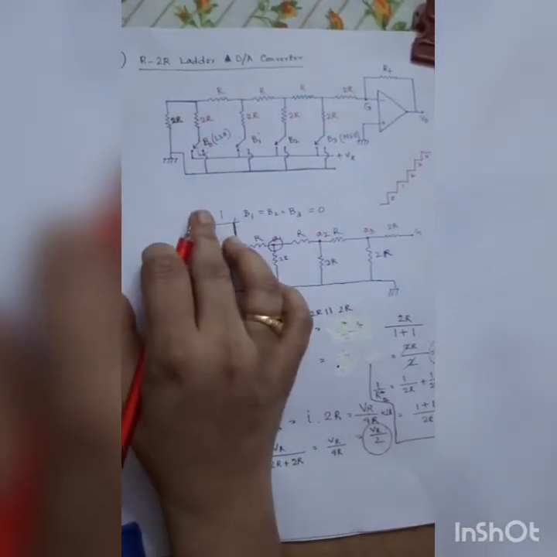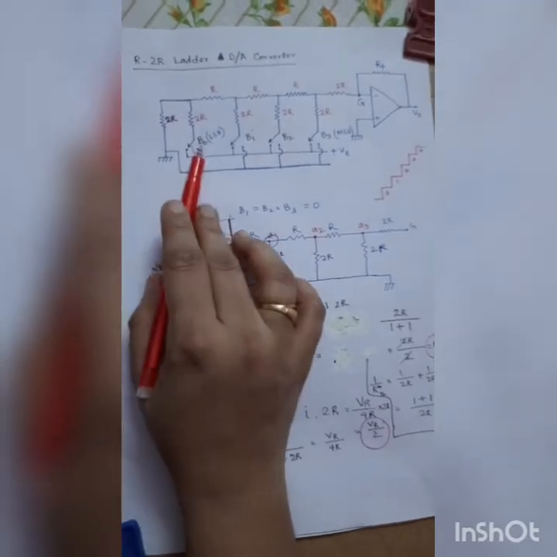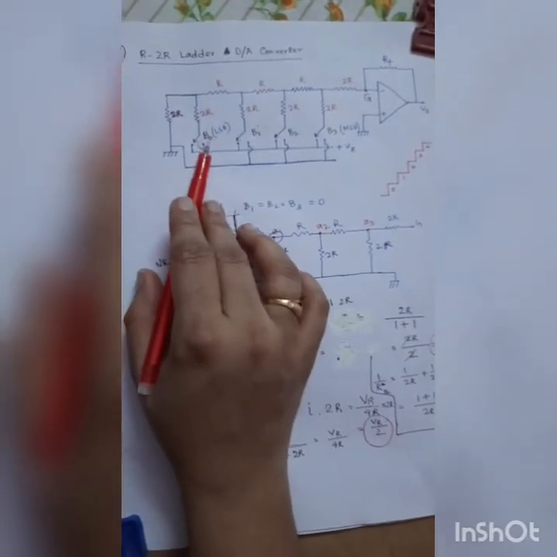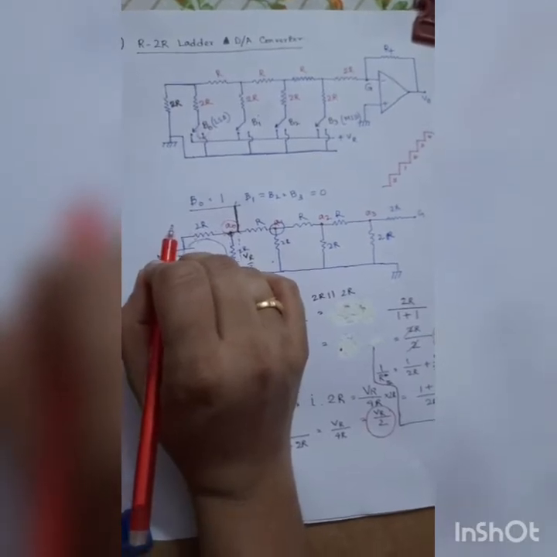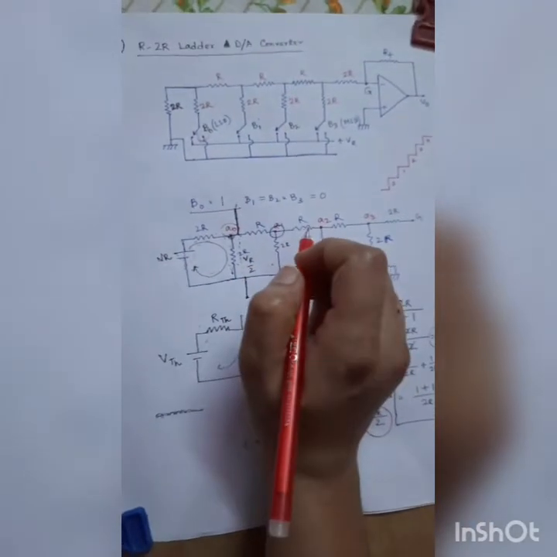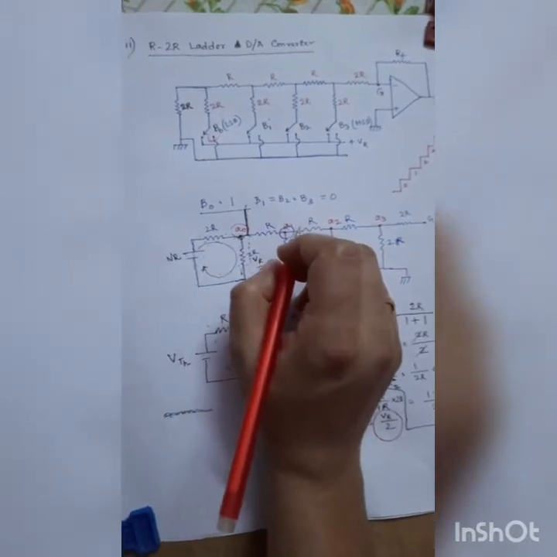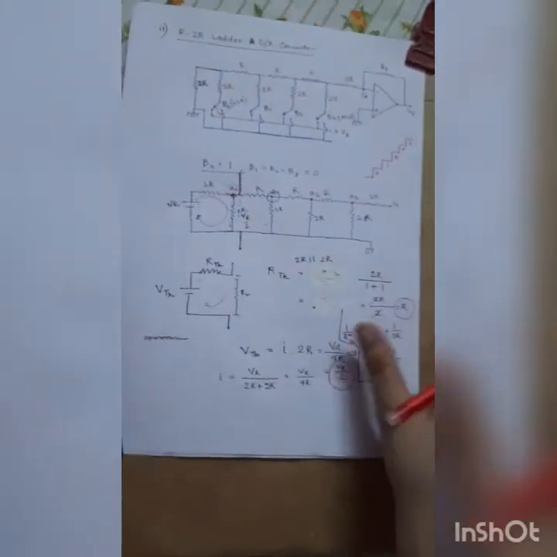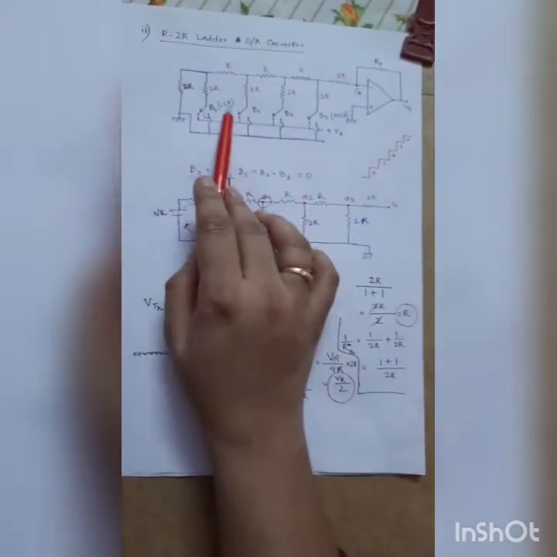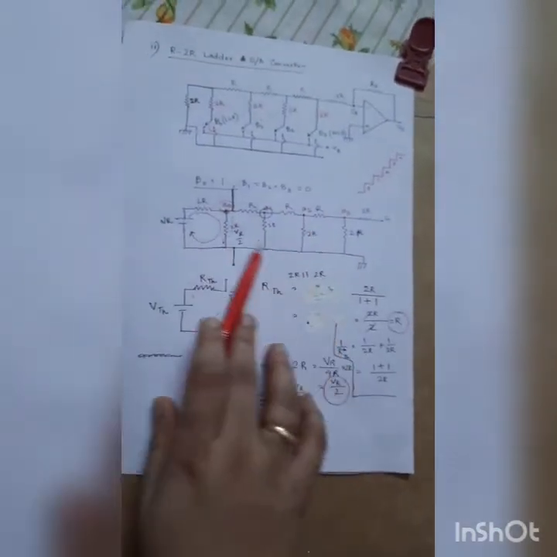So first we will see with B0, that if B0 equals 1, and other bits obviously 0, what will happen? The circuit will be like this.